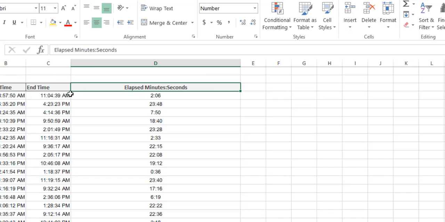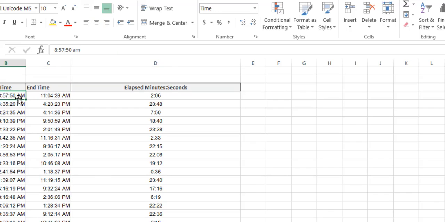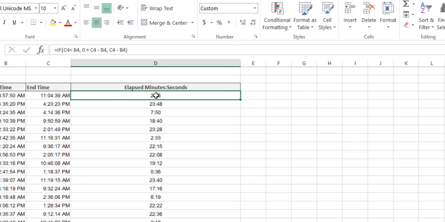You can see here 8:57 and 11:04. It is 3 minutes to 9 and it is 4 minutes past 11. And how much time is left? It is 2 hours and 6 minutes left.